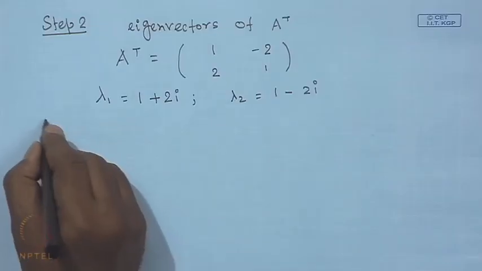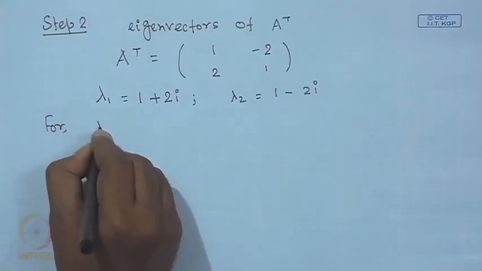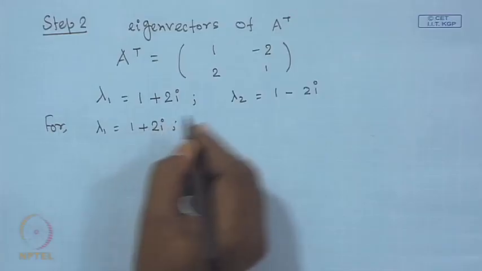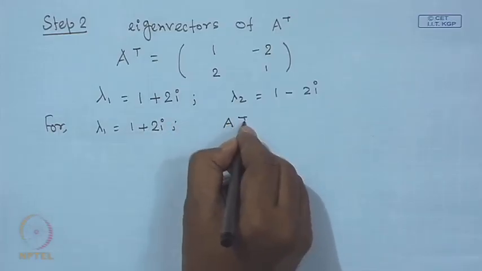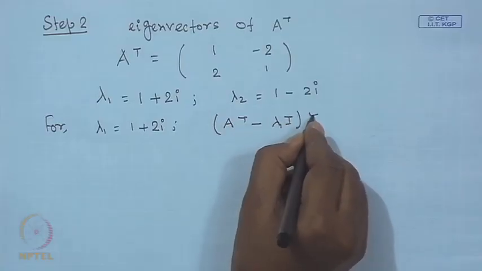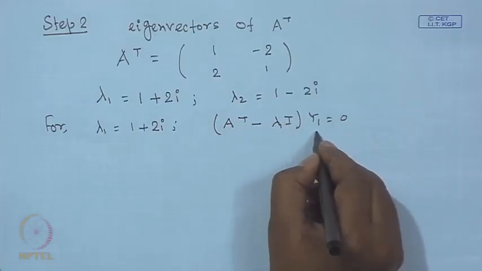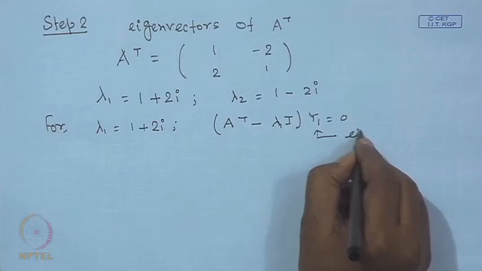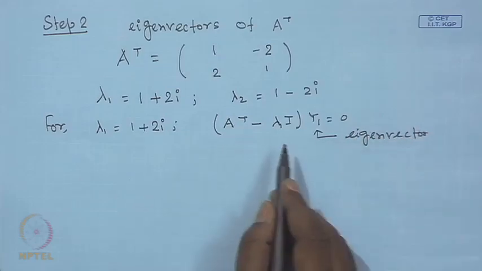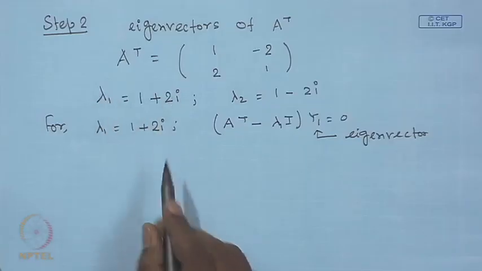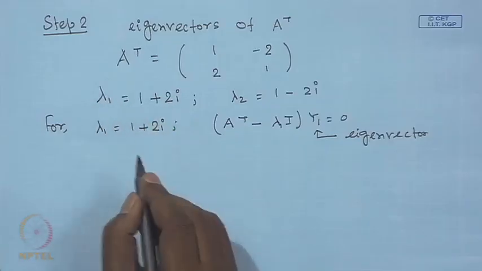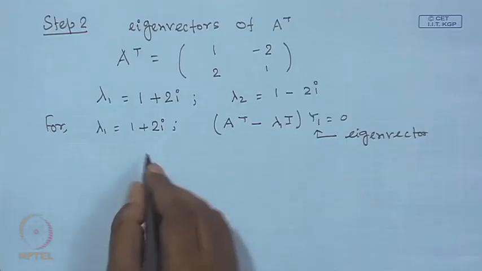So, therefore, for lambda 1 is equal to 1 plus 2 I, we have (A transpose minus lambda 1 I) y 1. So, y 1 is the corresponding eigenvector of A transpose for the eigenvalue 1 plus 2 I. So, you just put the values here.